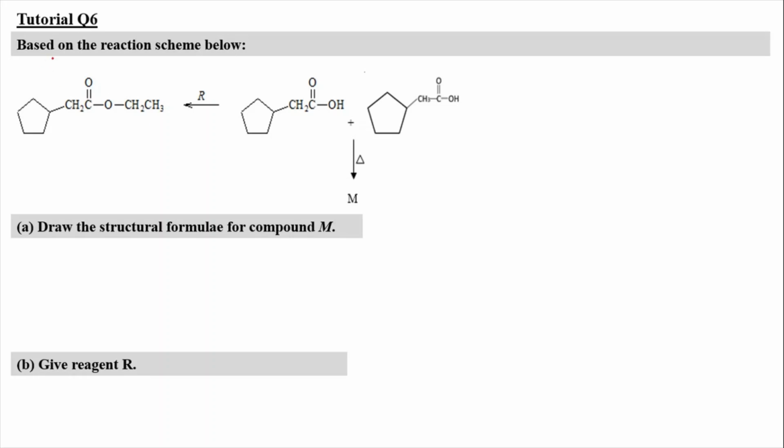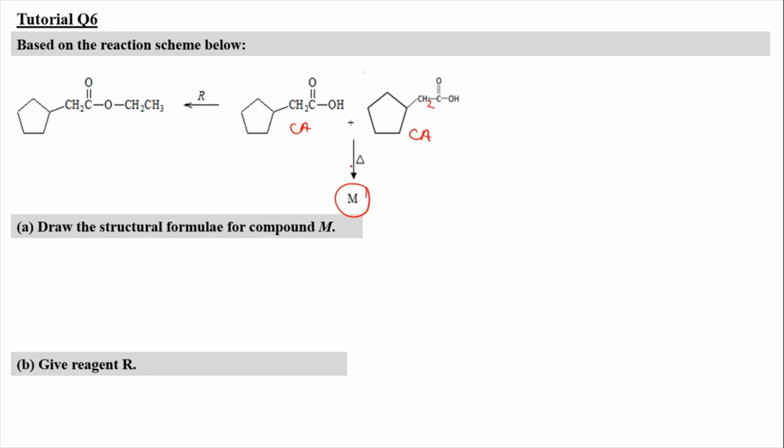For question number 6, based on the reaction scheme below, we have to draw the structural formula for the compound M. So we are given carboxylic acid 1, carboxylic acid 2. It's basically the same thing. Here is CH2.